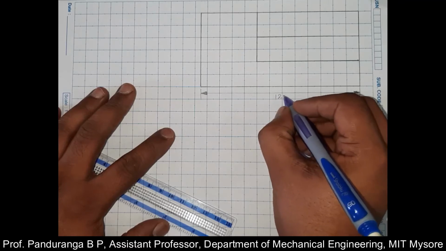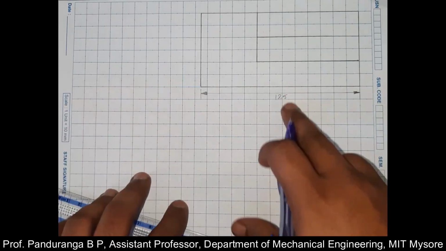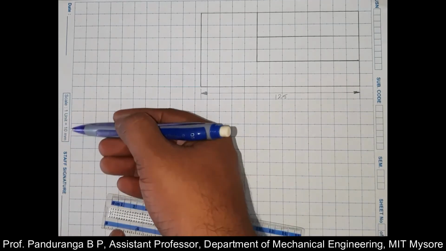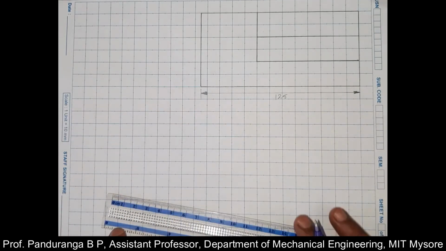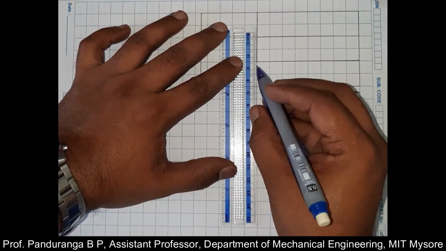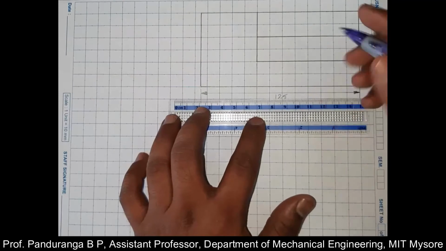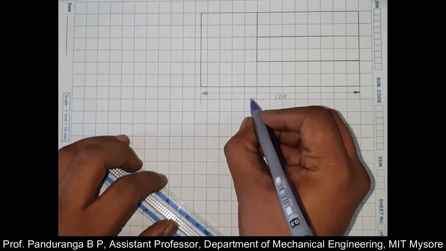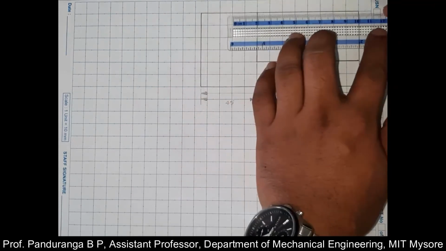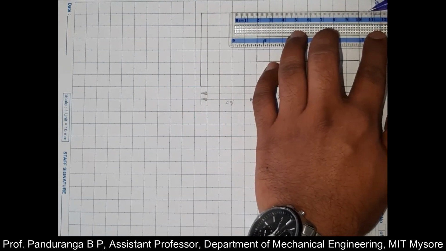Here the total length is 125 millimeter. Again, I'm not writing the unit here millimeter because that is already given in this sketch. Now this distance is 45 millimeter. And here these are 20 millimeters.